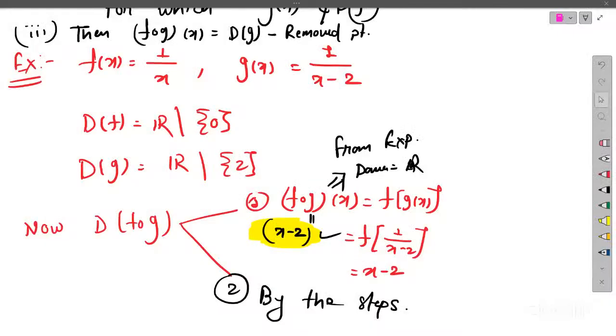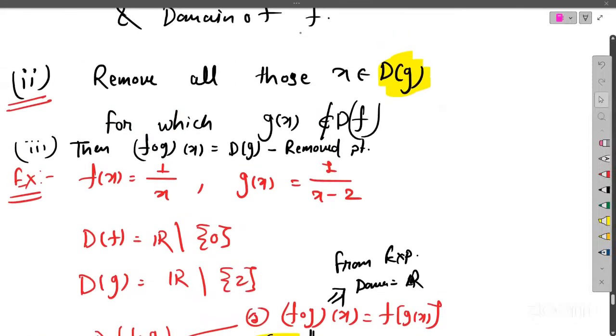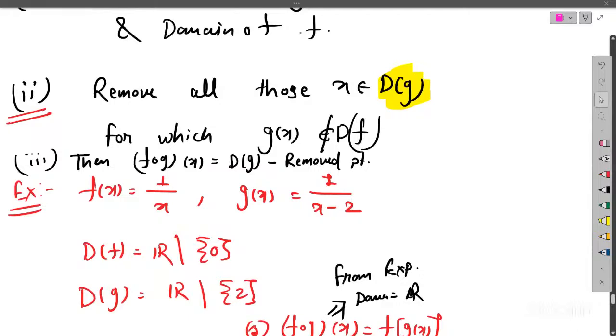But if you go logically, first we apply g and then we apply f, so we have to remove those points for which g of x is not defined, and then remove those points for which f of g of x is not defined.